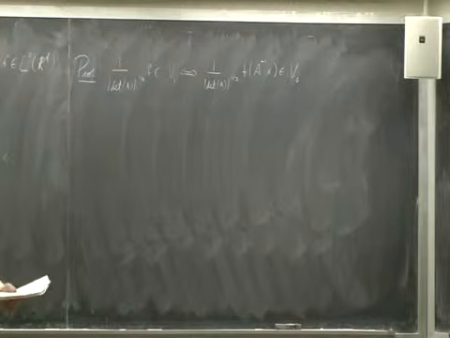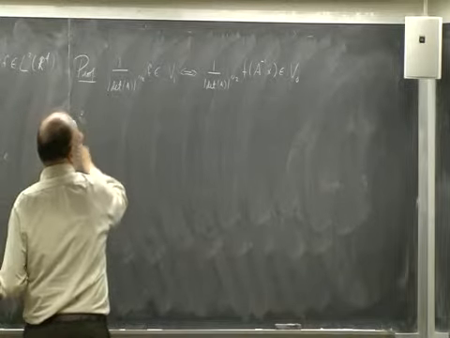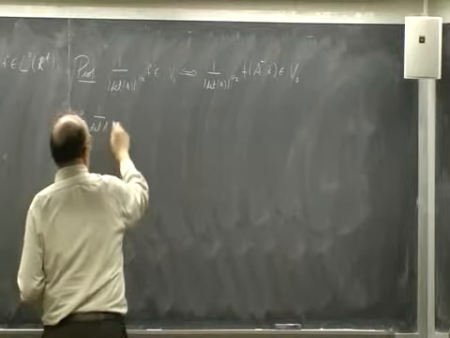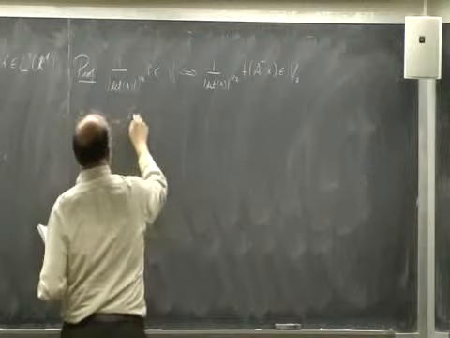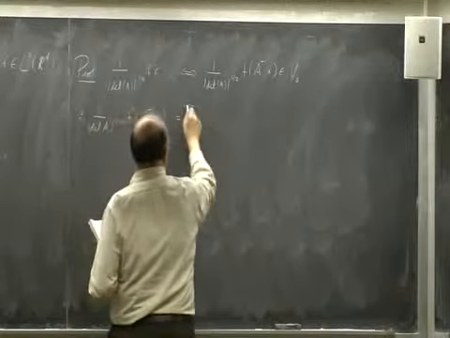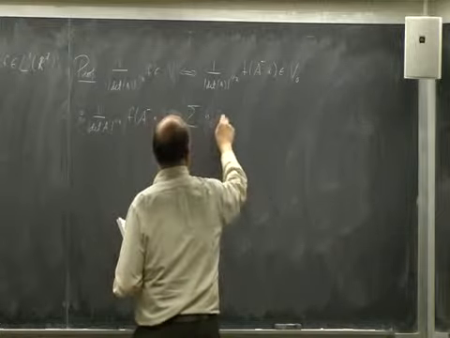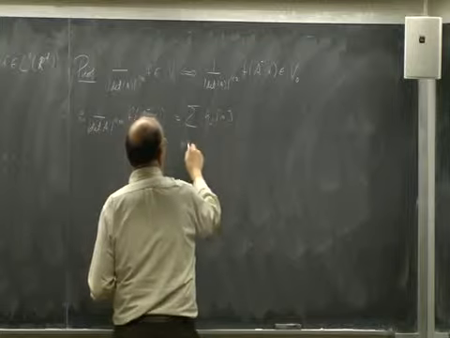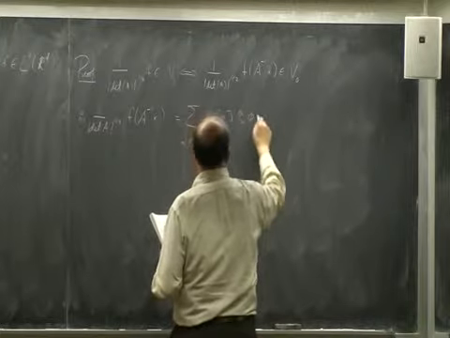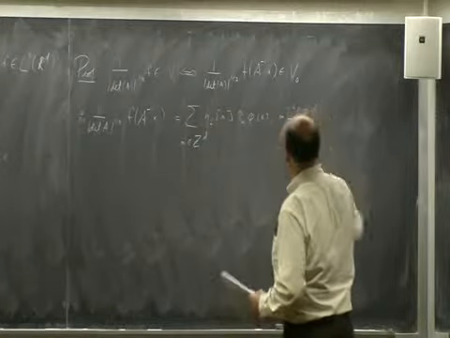And therefore, since it's in V0, we can write it as the sum of H_F(n) over n in Z^d, tau_n phi of X, in L2 of R^d.